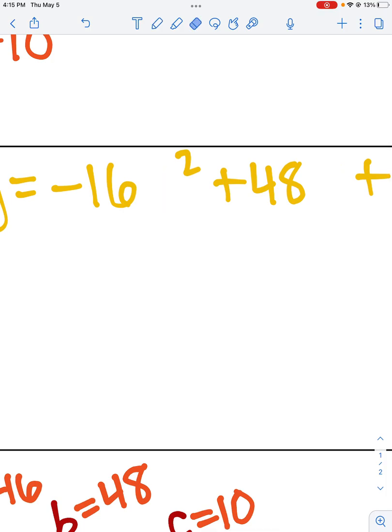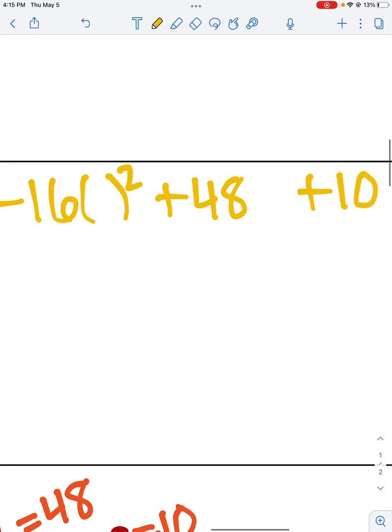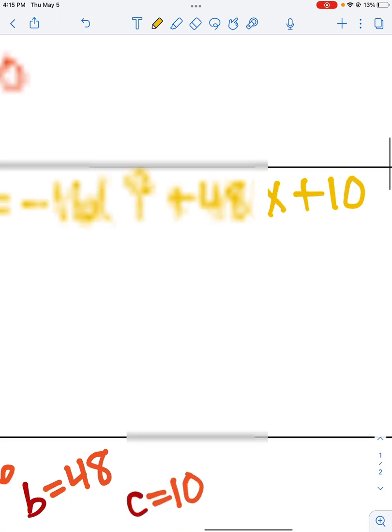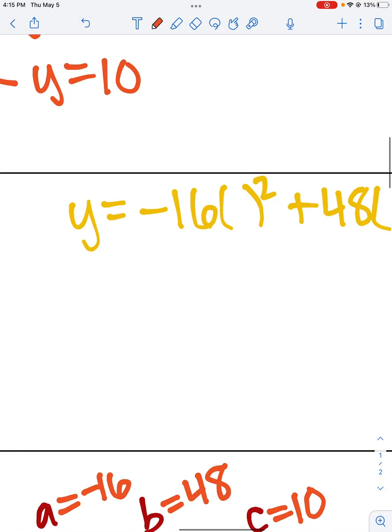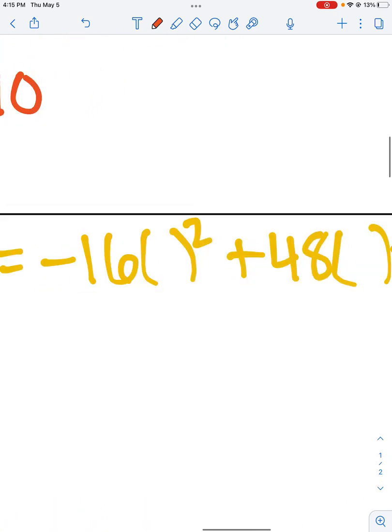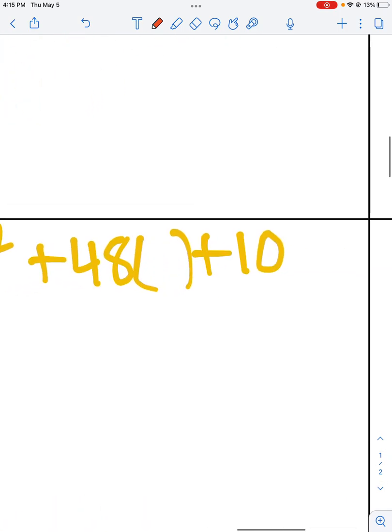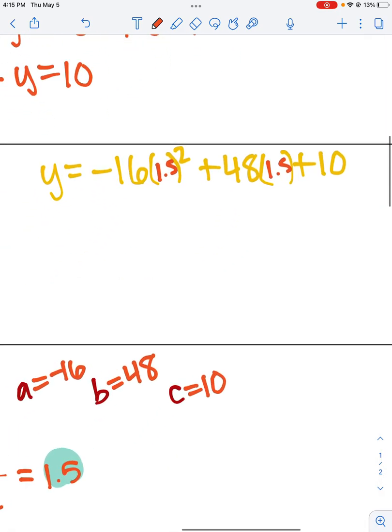I'm just going to put parentheses there. So I'm going to replace x in both spots with that x value we got of 1.5. And then we're just going to do PEMDAS to figure out what y equals.